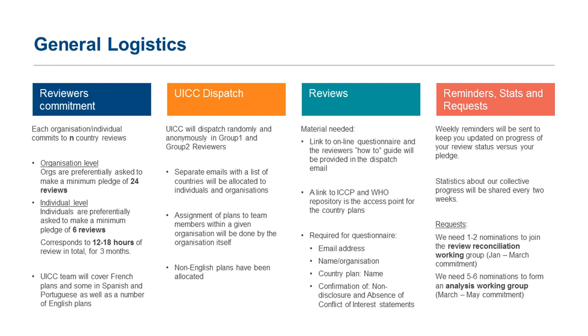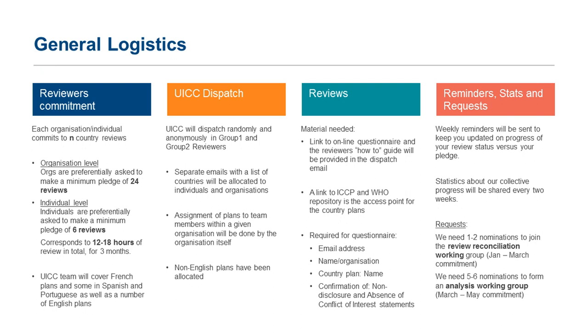A few reminders. You will receive weekly or bi-weekly reminders to show the progress of your reviews versus your pledge. That will boost your work a bit. Statistics about our collective progress will be shared every 2 weeks, so we will see the progress of the overall collaborative work.